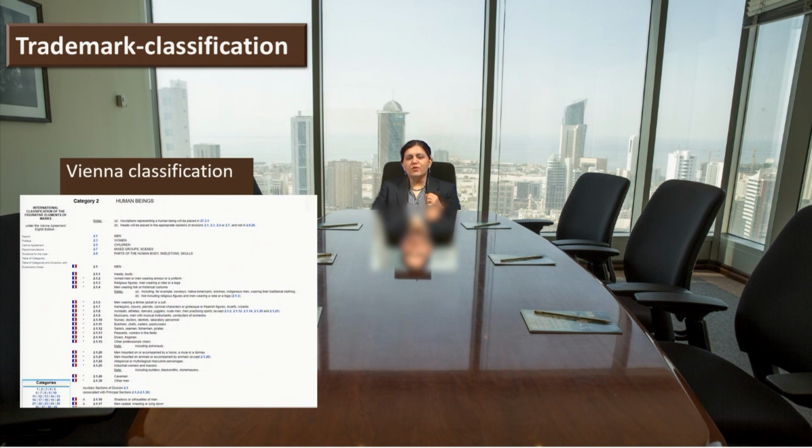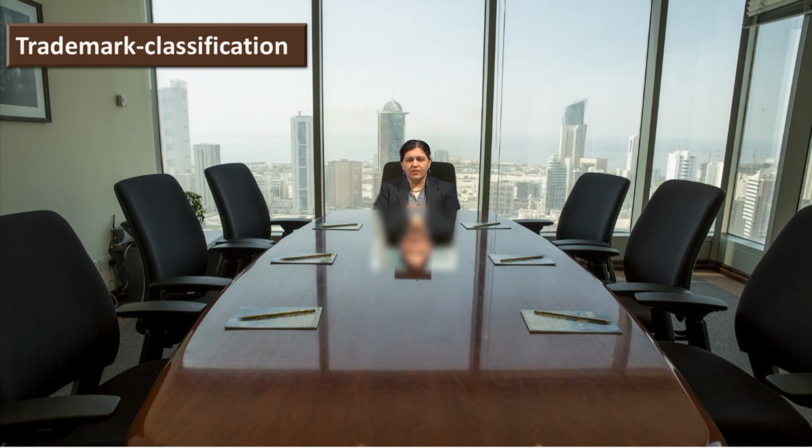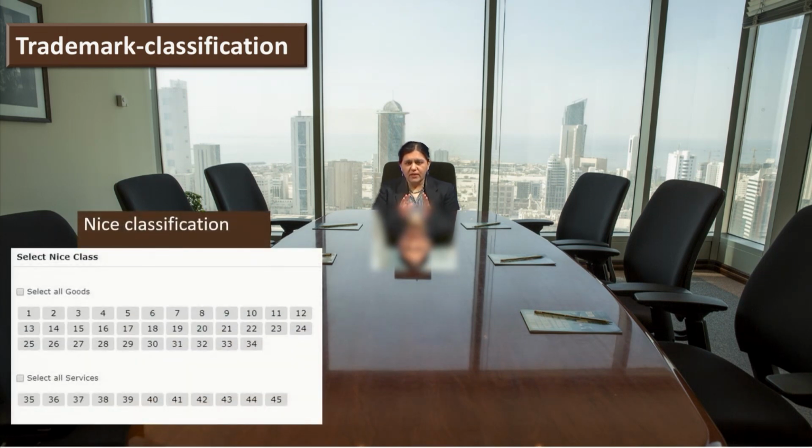Okay. So, moving further, we will now learn about the Nice classification. I guess you are pretty well aware of the Nice classification: a total of 45 classes, and 1 to 34, as you can see here, are goods or products, and the remaining, 35 to 45, are nothing but services.